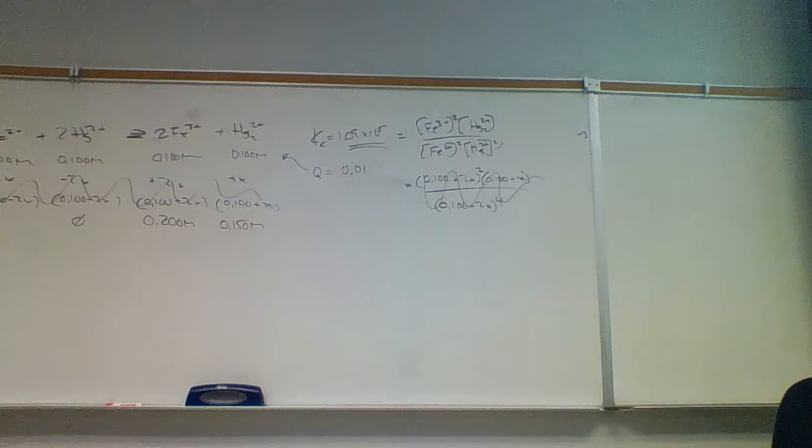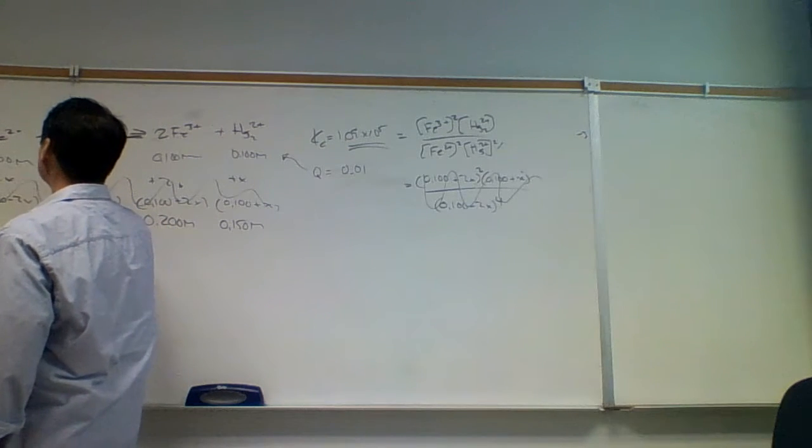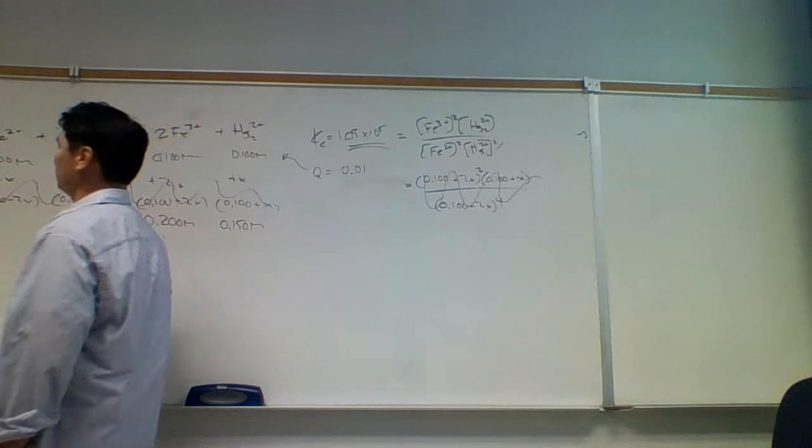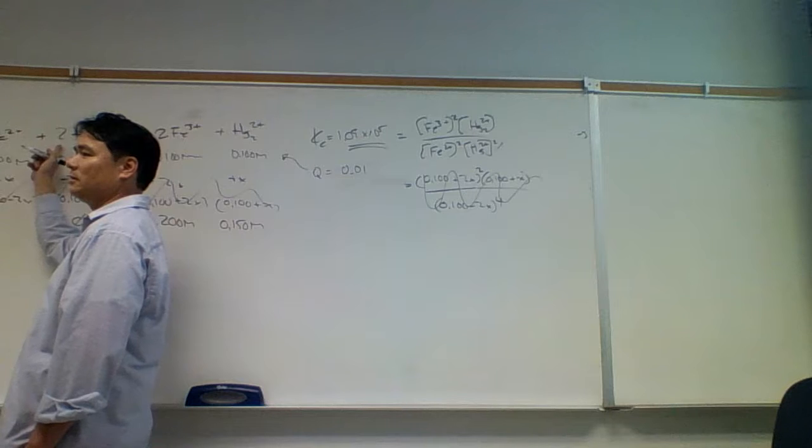So is the higher coefficient always going to be the limiting reagent? No, the coefficient makes no difference at all. It's what you're given, the initial. Both of these have the same coefficient, so both are the limiting reagent, but what if I did this? One's 0.100, the other's 0.300. This has no impact on the coefficients.